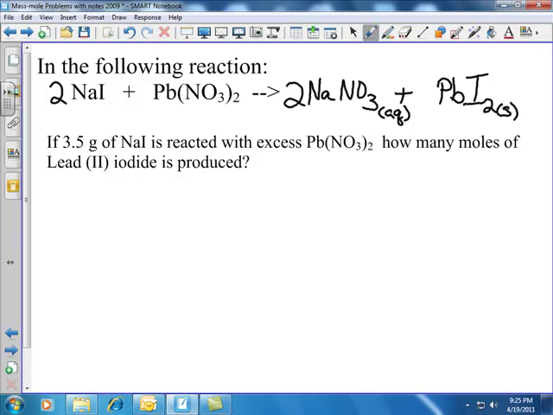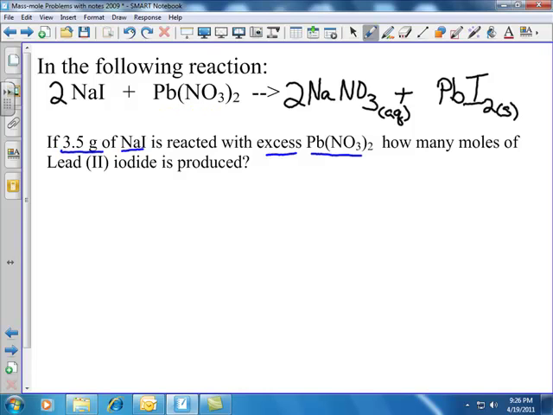Now my problem is that I have 3.5 grams of sodium iodide, and I'm going to react that with excess lead nitrate. It's important that we have the word excess in there, because what that means is I'm going to use up all of my sodium iodide, and I'm going to probably have some leftover lead nitrate.